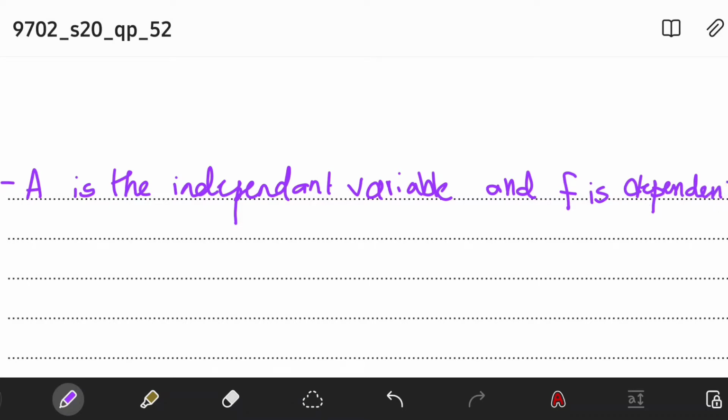In easier words, you can write: vary A, measure F.